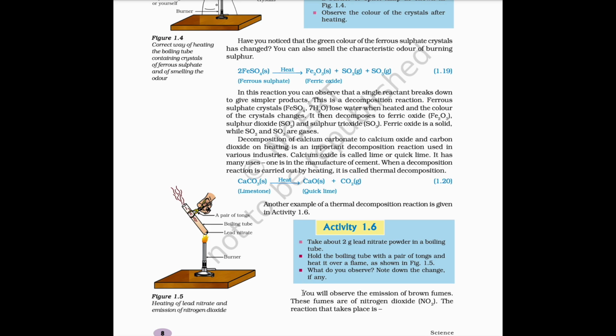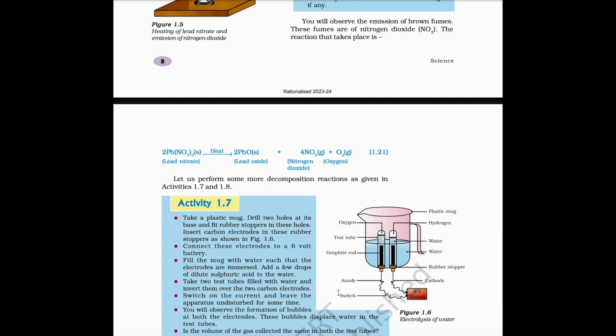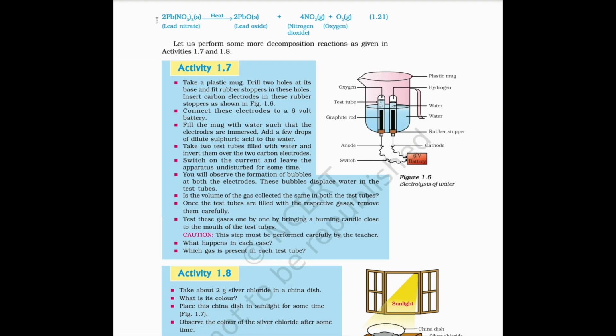You will observe the emission of brown fumes. These fumes are of nitrogen dioxide, NO2. The reaction that takes place is 2Pb(NO3)2 in solid form, when heated, converts to 2PbO in solid form plus 4NO2 in gaseous form plus O2 gaseous.